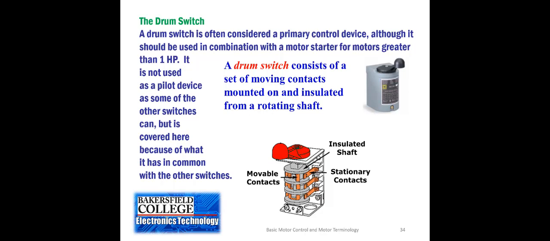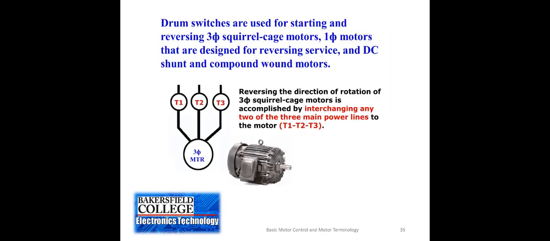Now, the way a drum switch works is that it reverses the polarity or the connections to various parts of the motor. In a three-phase motor, in order to reverse that, all we need to do is reverse any two of the three power connections.